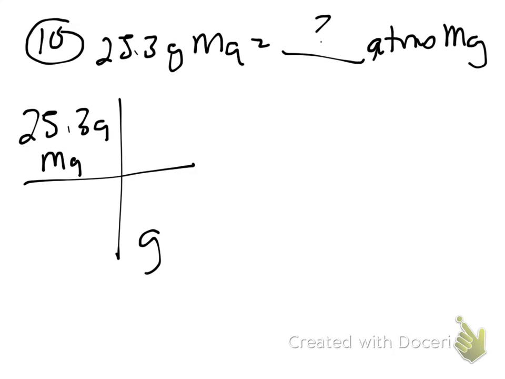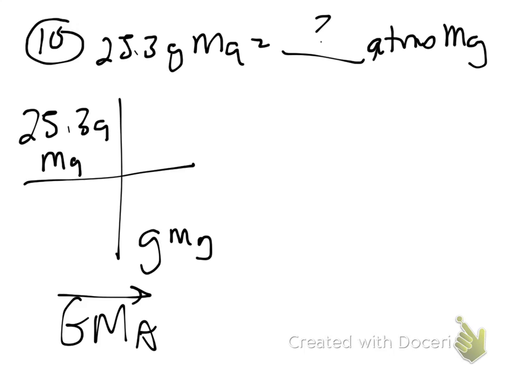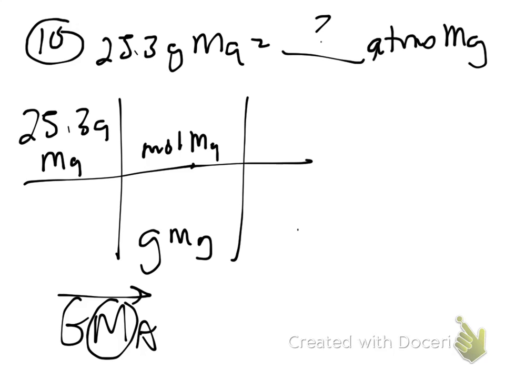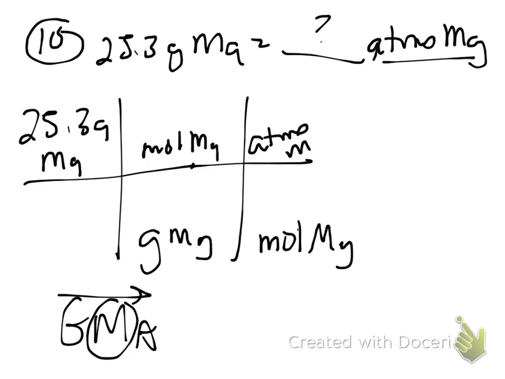We want grams of magnesium here to cancel, and we're going from grams to atoms, so we have to go through moles, always and forever. So this is going to be moles of magnesium. Down here we'll need moles of magnesium to cancel. We want to end up in atoms of magnesium.